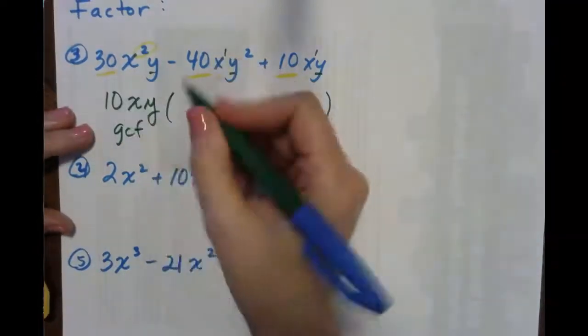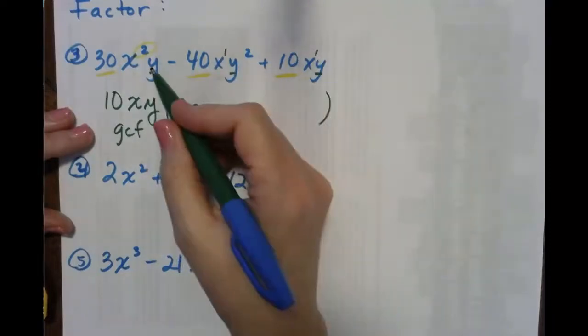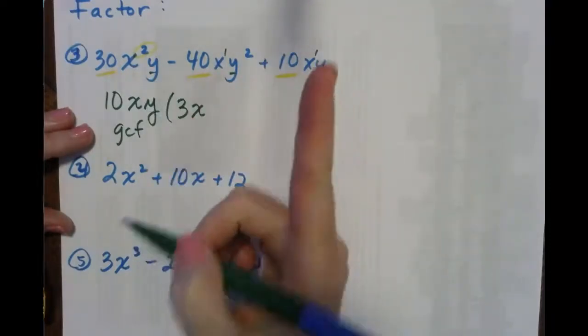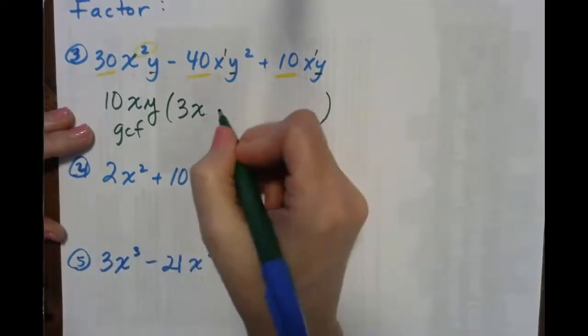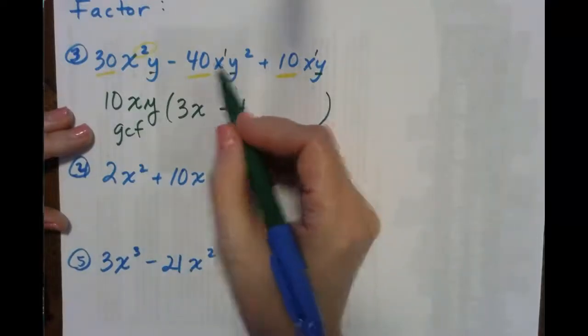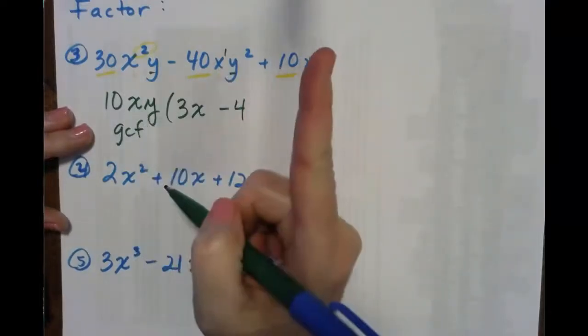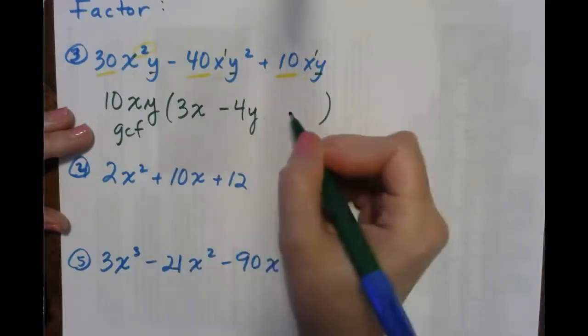So 30 divided by 10 is 3. X squared divided by x is x. Y divided by y is 1. So it cancels, so we don't have to write anything else. Negative 40 divided by 10 is negative 4. X divided by x is 1. Y squared divided by y is y.